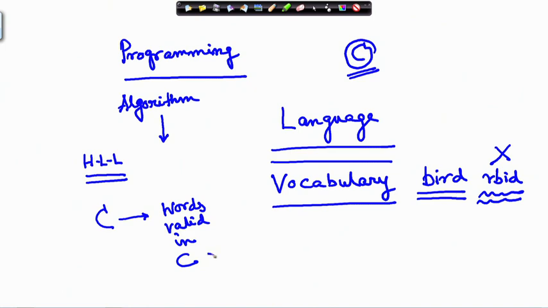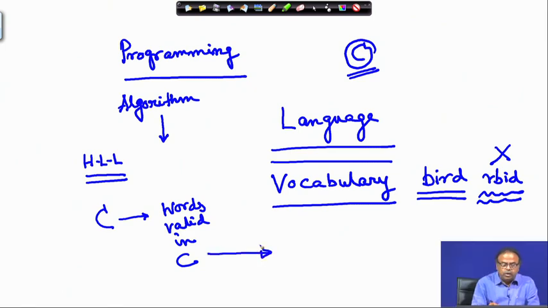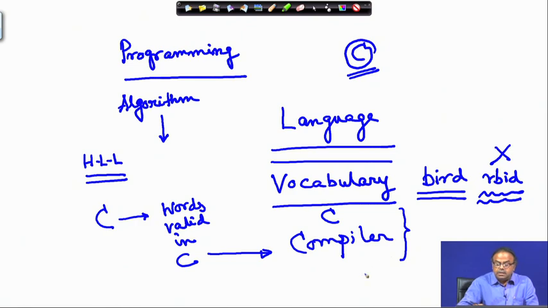Now, when I have written a C program, who is going to understand this? For whom am I writing this C program? I am writing this C program for the compiler, C compiler, all right. I am writing it for the C compiler, and the C compiler is responsible to understand this. Okay. And just as we understand an English sentence, open the door, we understand the meaning of that sentence, we go and execute that, we open the door.